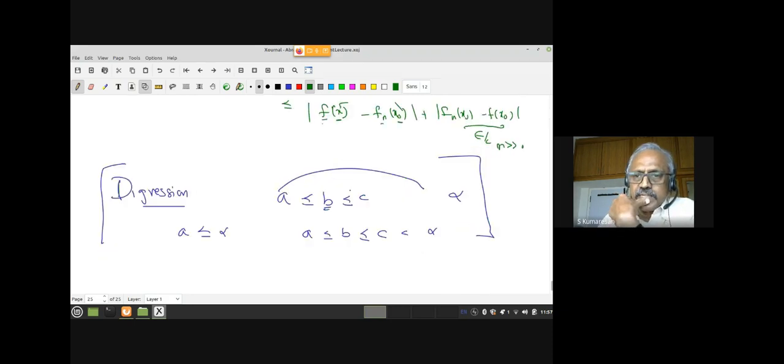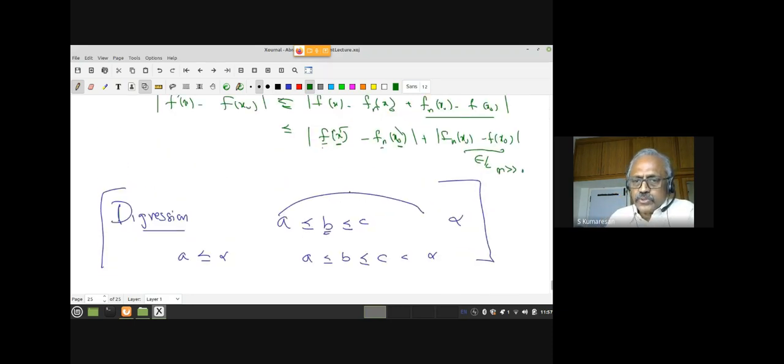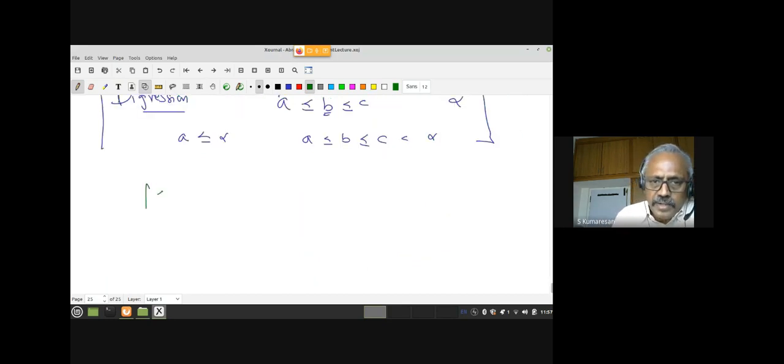Now how do I deal with it? This is where I use the trick. I will say this fellow is less than or equal to some other guy. So let us look at |f(x) - fn(x0)|. Okay, I know how to do this: it equals |f(x) - fn(x) + fn(x) - fn(x0)|.